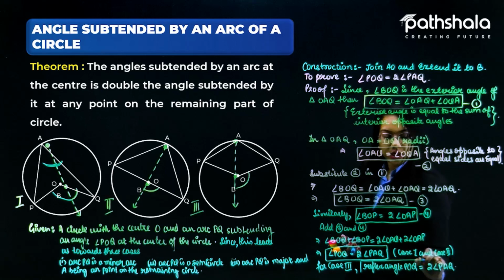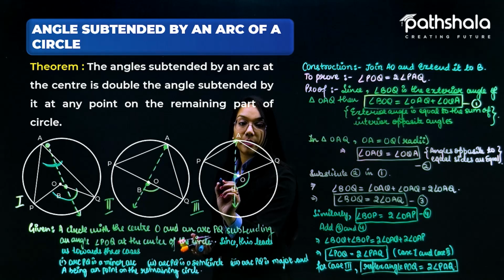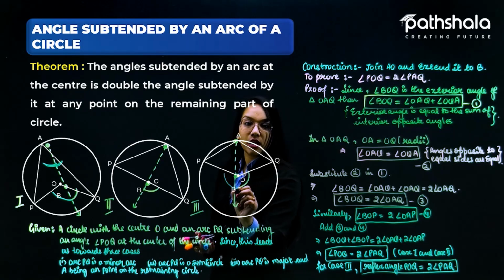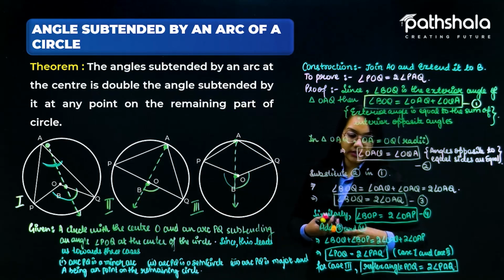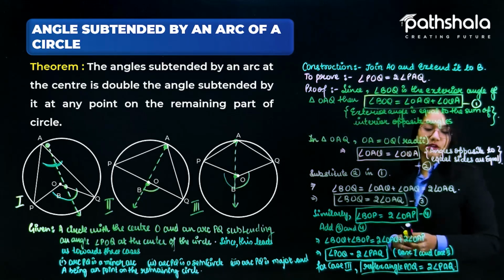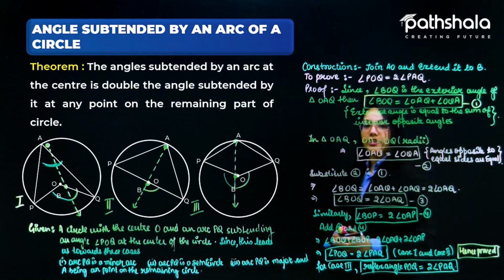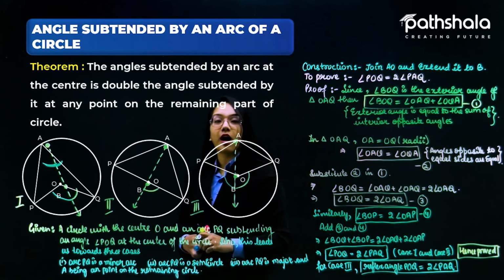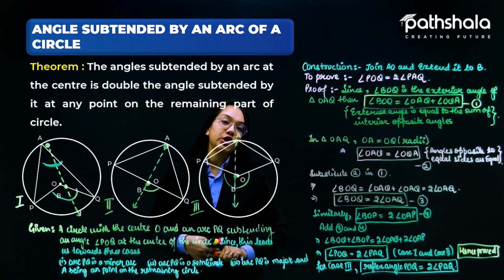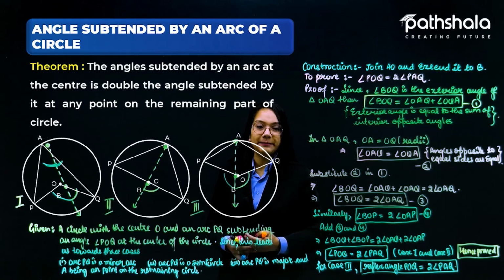For case 3, this is a reflex angle that we have to take. And this is exactly what we need to prove over here. So this is nothing but a theorem which says that the angle subtended by an arc at the center is double the angle subtended by it at any particular point on the remaining part of the circle.